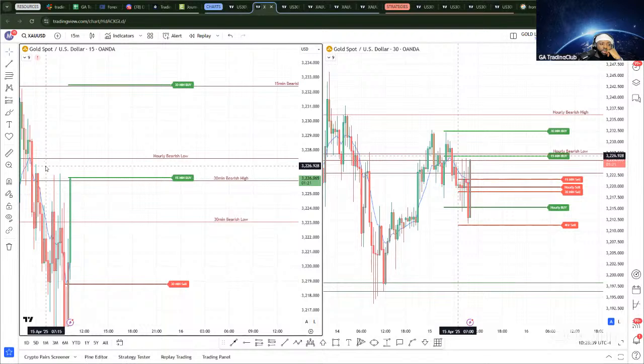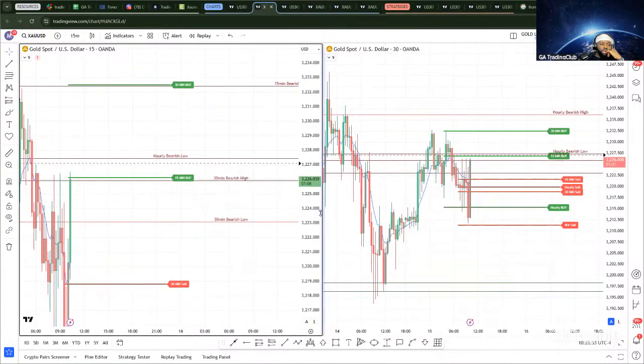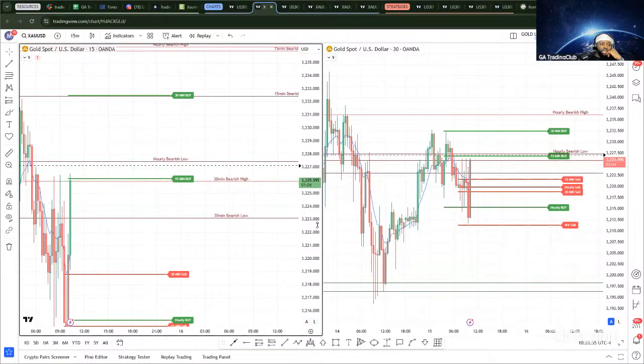So gold here, 26, and the entry would be 27.1, so gold has to come to 27.1 first before rejecting from where it currently is, unless it does it so quickly. This 15-minute candle has 1 more minute before it closes, so I don't know if it's going to close below this SAR unless it happens so quickly.